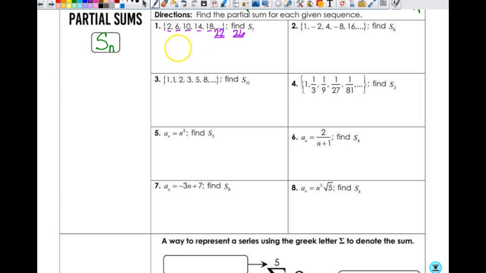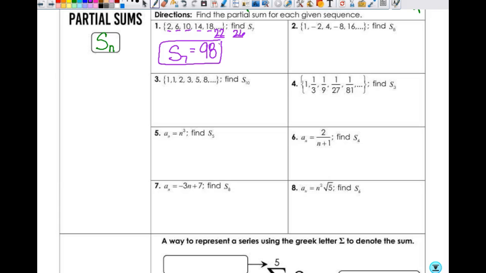So when I want the sum of the first 7 terms, I literally just add those up. Okay, it's just 98. Easy enough?